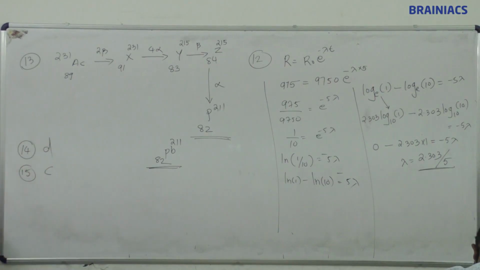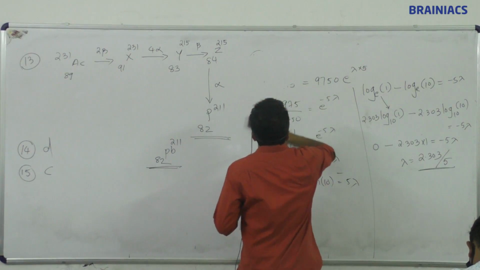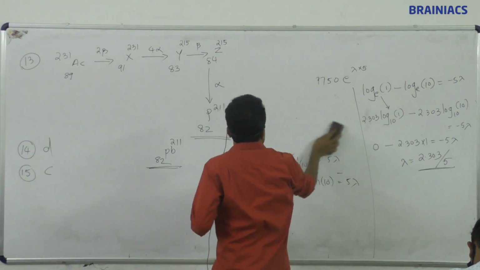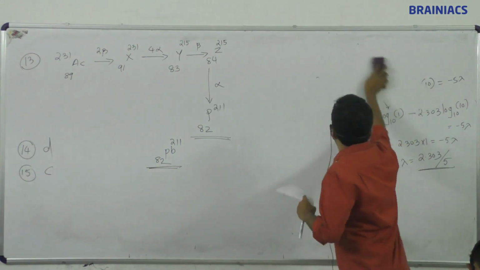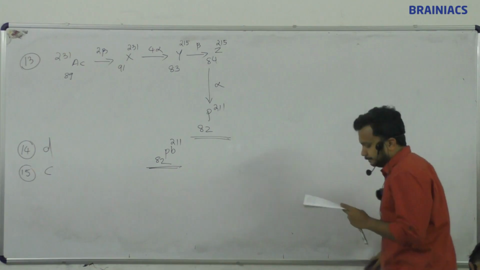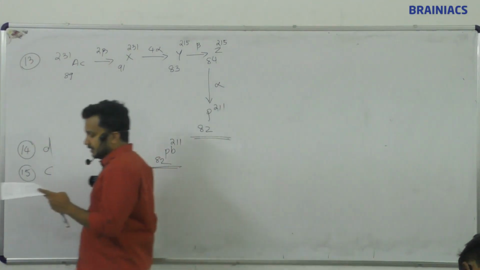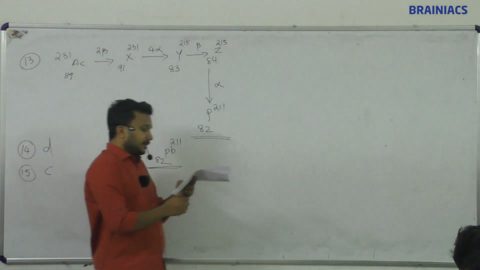Which of the following reactions is not possible? Let's see. On both sides the atomic number and mass number have to match. So which one is not matching? C. What is the difference? Atomic number on the left side 2, 1.